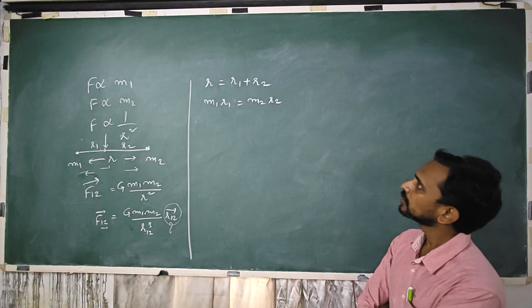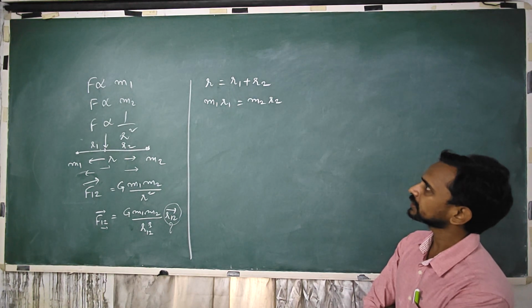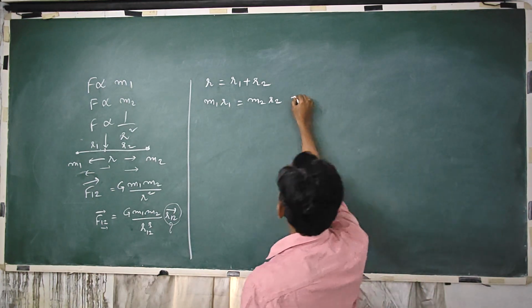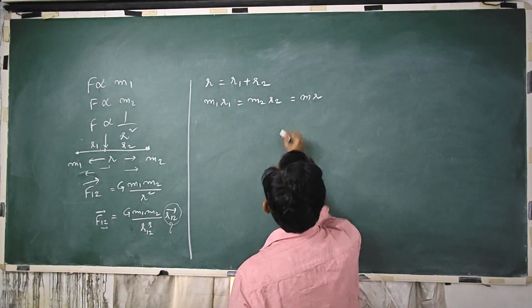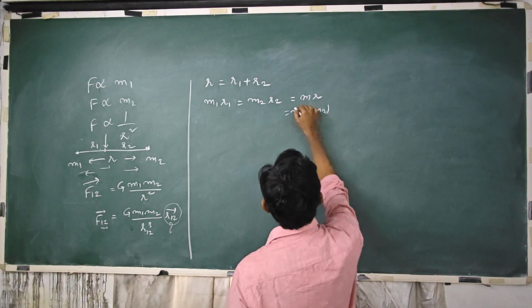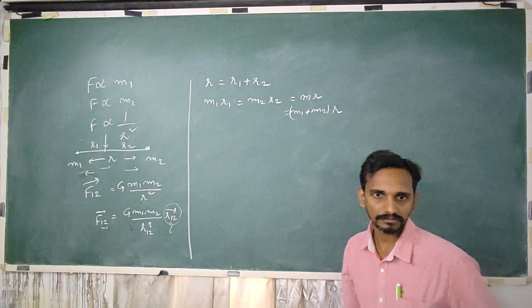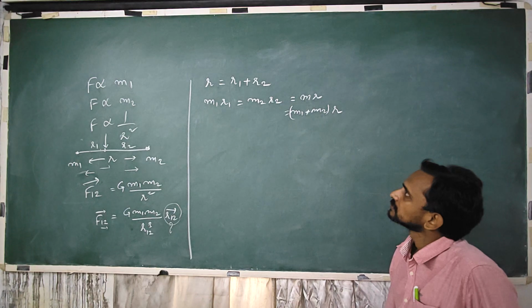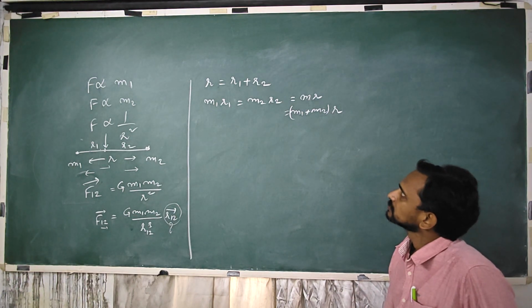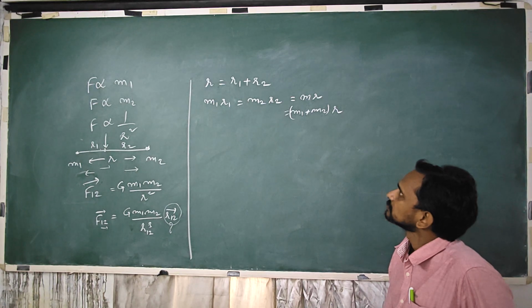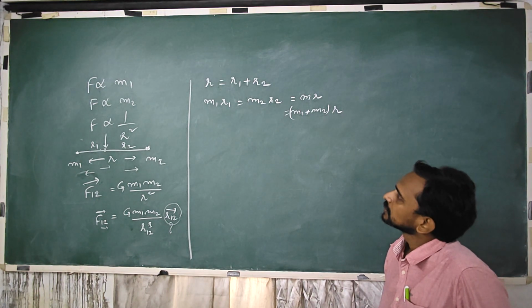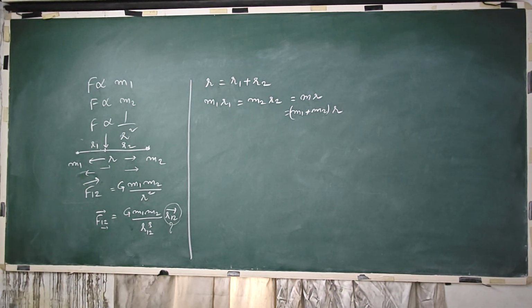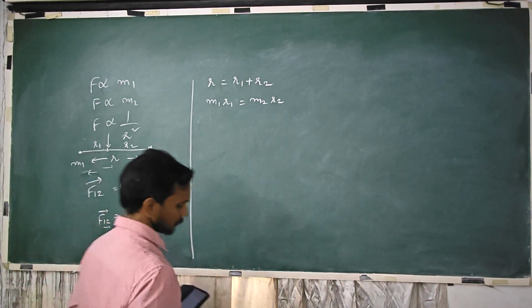So now we have to identify that. This can be written as m1 r1 is equal to m2 r2.